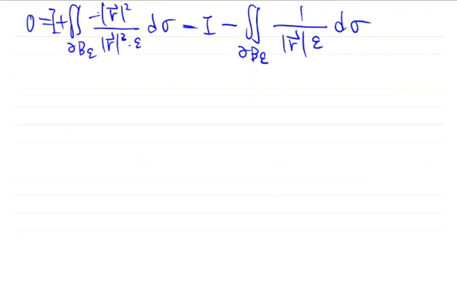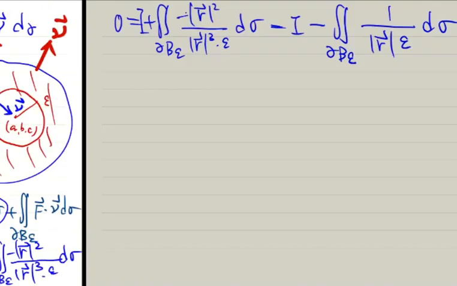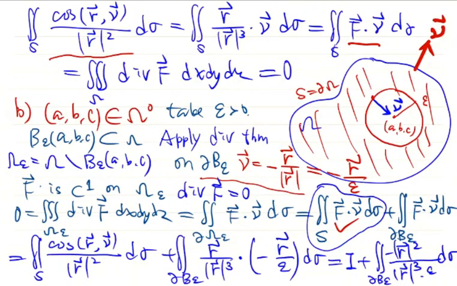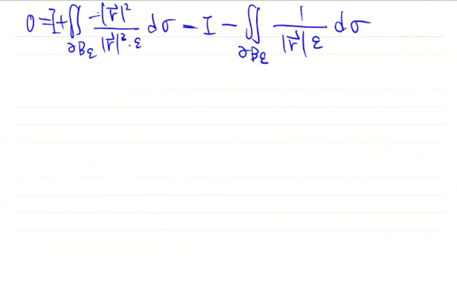But on the sphere of radius epsilon, of course our sphere centered at the point ABC, the norm of R is precisely epsilon on this boundary.